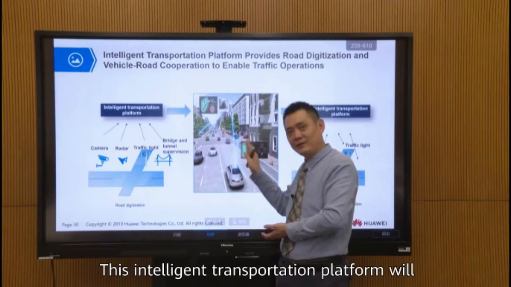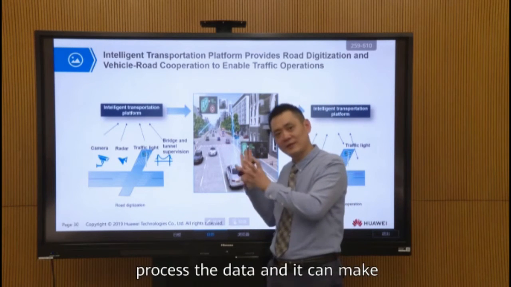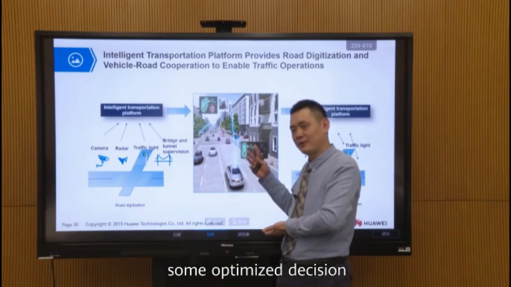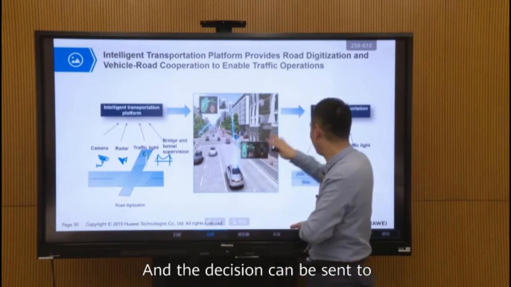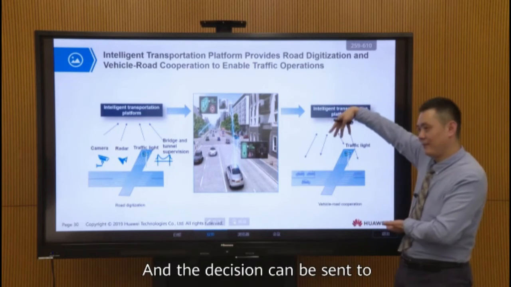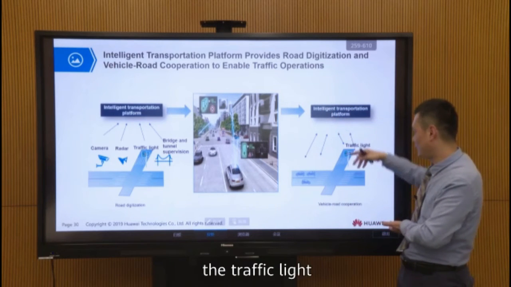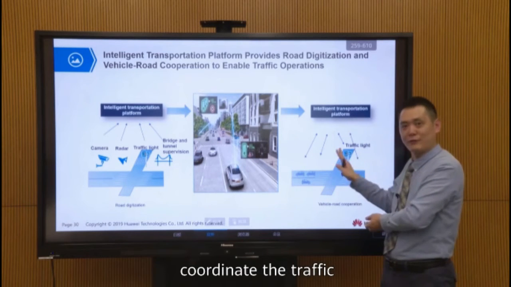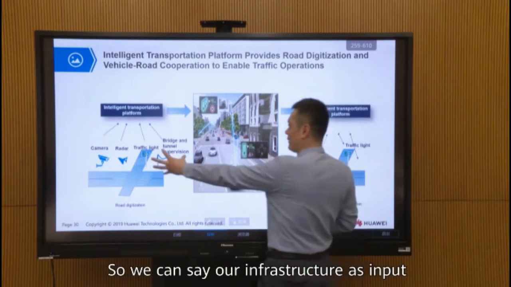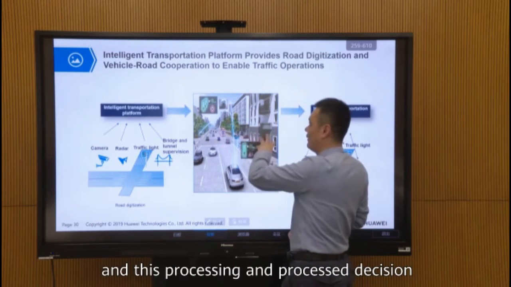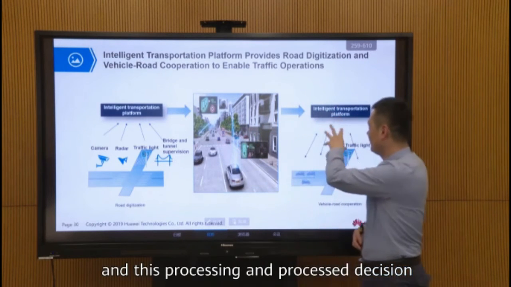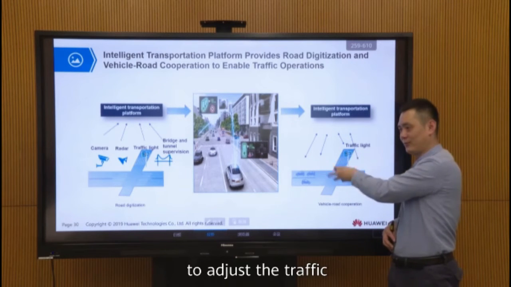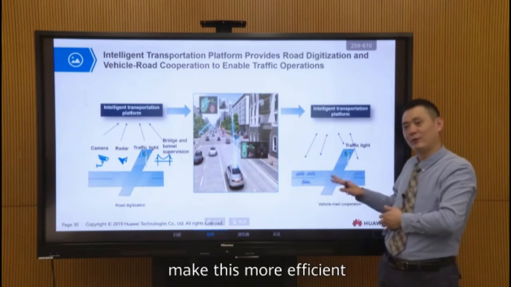This platform will process the data, and it can make some optimized decisions. And they can send the decision to the traffic light. They can also send it to other vehicles to coordinate the traffic. So we can say our infrastructure is the input, and after processing, there is a decision sent to the vehicle or traffic light to adjust the traffic, make this more efficient.